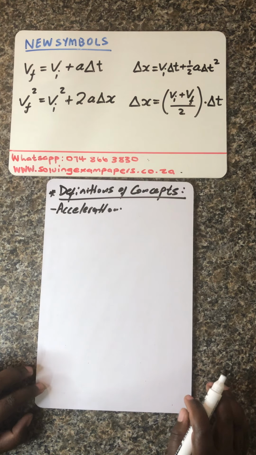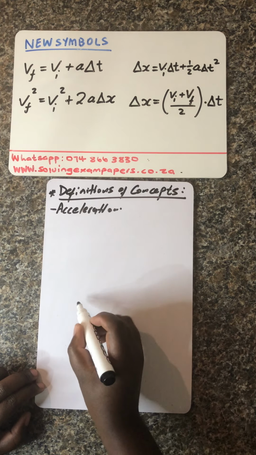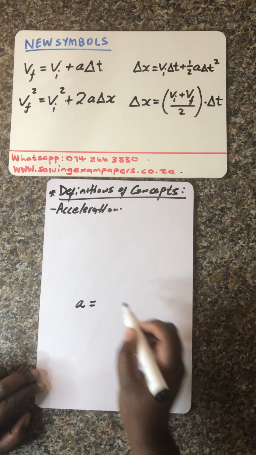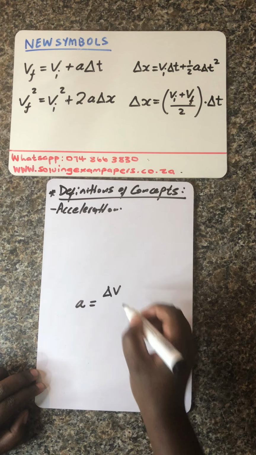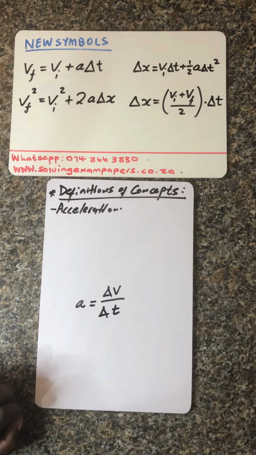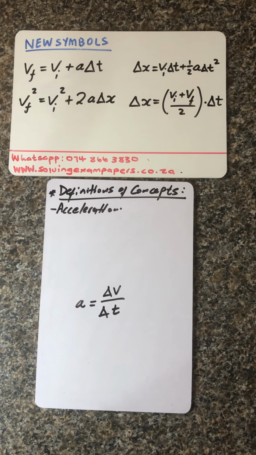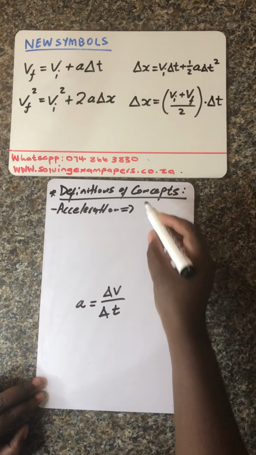So I'm just going to give a definition in words, but before I do that, in terms of a formula, ladies and gentlemen, acceleration is represented as delta V over delta time. Very, very much important, ladies and gentlemen. So in words, acceleration is the rate of change of velocity. As simple as that. I hope you can write that down, ladies and gentlemen.